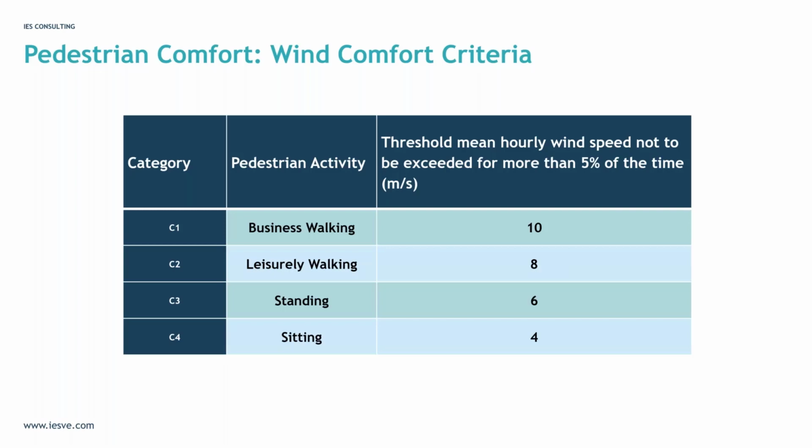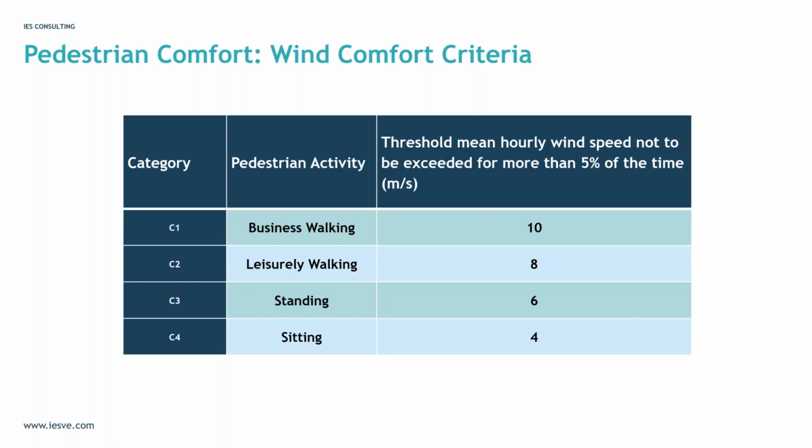So, for example, if you are designing an outdoor space that is to be used for long-term sitting, like a park in the middle of your development, or you're looking to create a leisurely walking space, like a dog walking park or a jogging path, you would want to meet the 8 meters per second criterion.